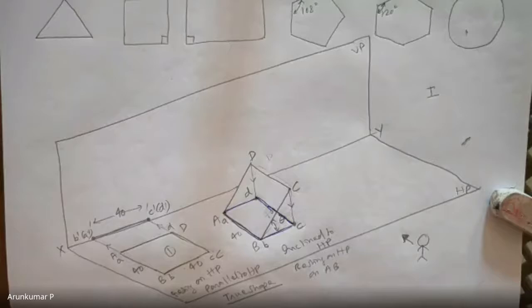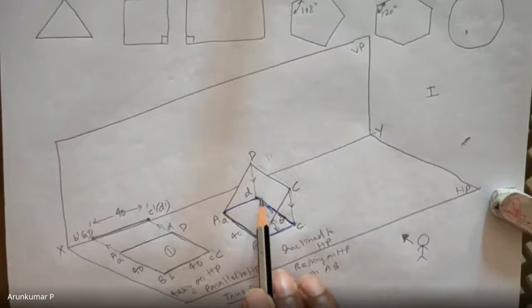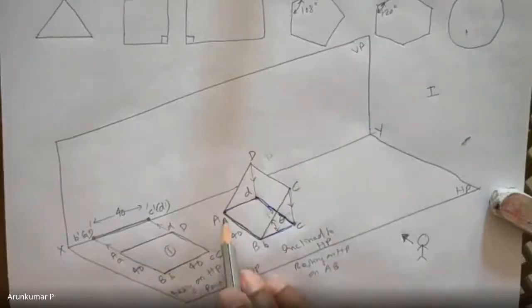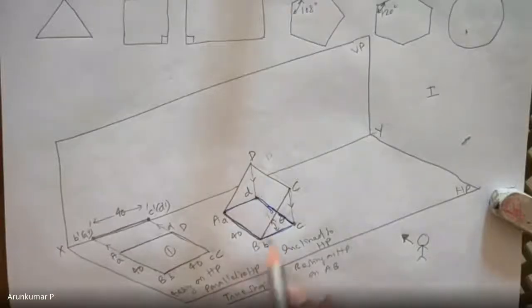Now how do I know for sure that it has become a rectangle? If you see the length of the edges. What is the length of the edges AB and CD? What is the length of AB? 40. What is the length of CD?